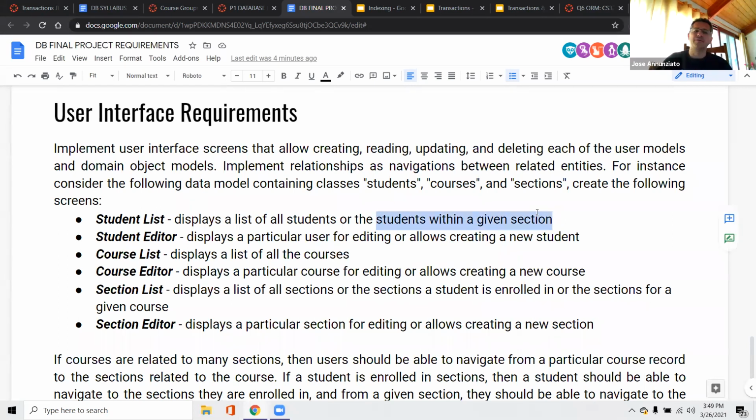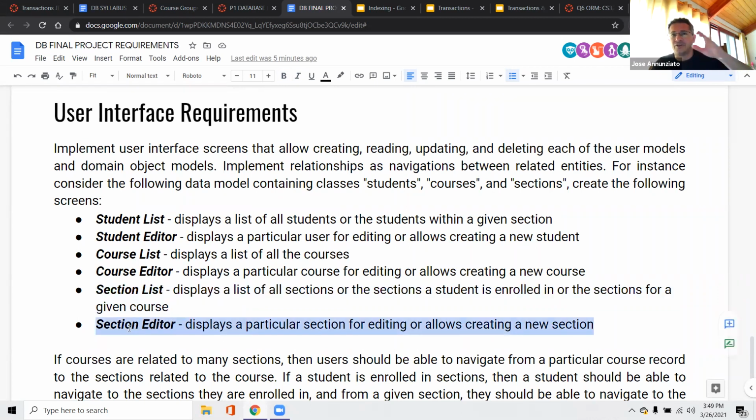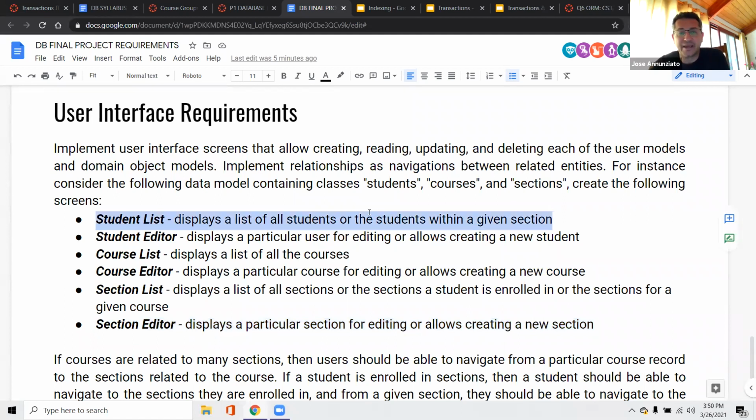If you go to the section list and select the section, in the section editor you could provide a way to navigate to the students that are enrolled in that section. So student list can display all the students, but it could also display the students within a given section, which I could navigate to from the section editor.